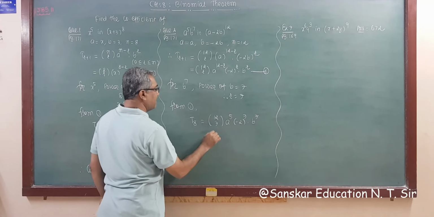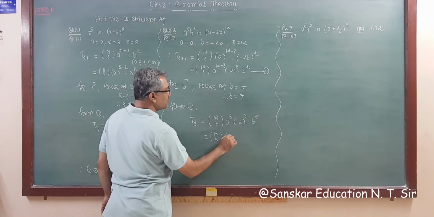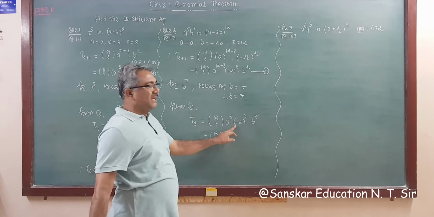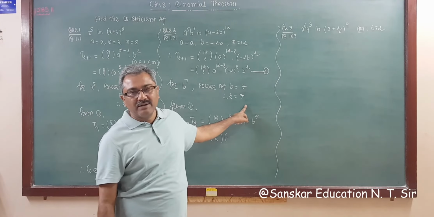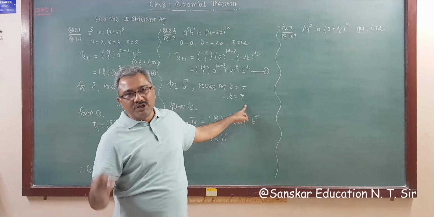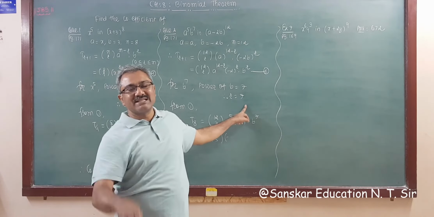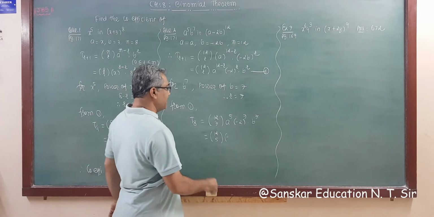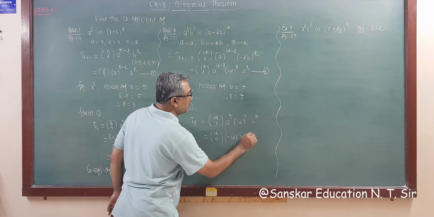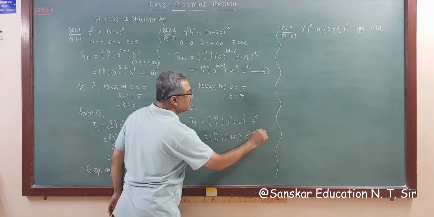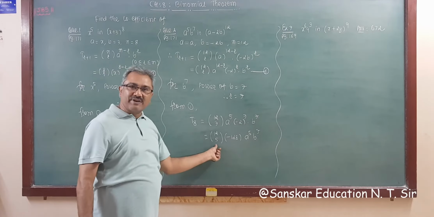So 12C7 is 12C5, times minus 2 raised to 7. 2 raised to 5 is 32, 2 raised to 6 is 64, so 2 raised to 7 is 128, so minus 128, into a raised to 5, b raised to 7. So the coefficient of this, now we have to simplify 12C5.